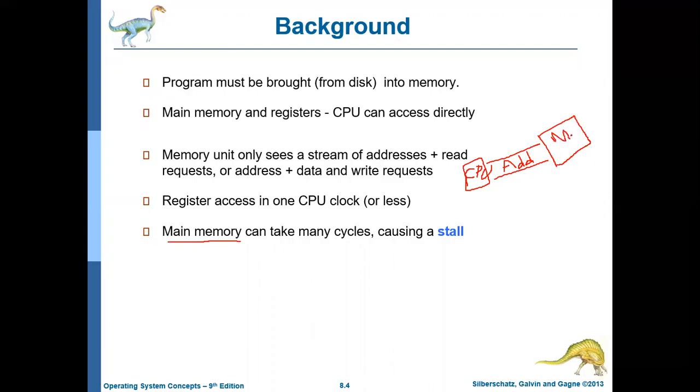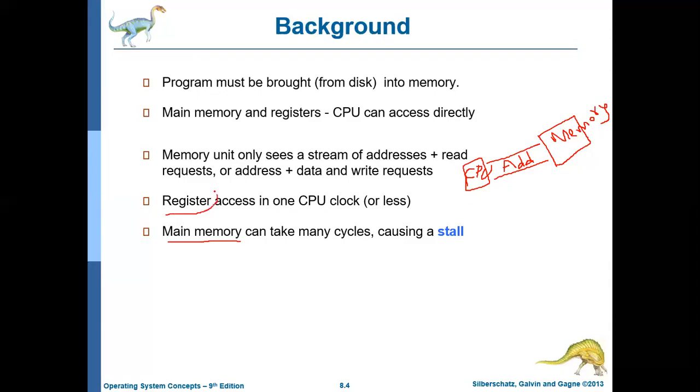Typically, if CPU requests some data from memory, by the time the data reaches the CPU, it may take many clock cycles. It cannot get data from memory within one clock cycle. It may take several clock cycles. But that is not the case with the data that is stored in registers.